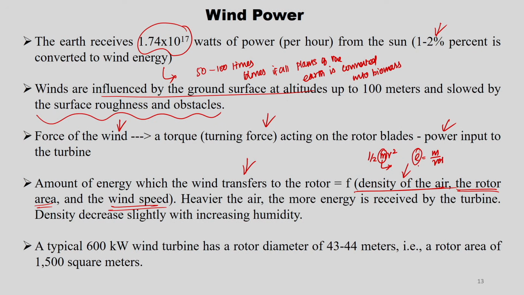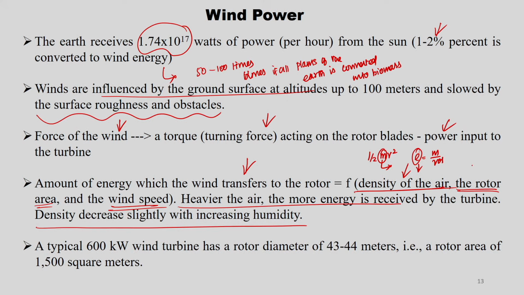Also remember the density of air varies with temperature. Density decreases slightly with increasing humidity, and also decreases with increase in temperature. The convention is that the heavier the air, the more energy is received by the turbine, so you should not have higher humidity or higher temperature. That is the function of the density of the air, rotor area and wind speed.